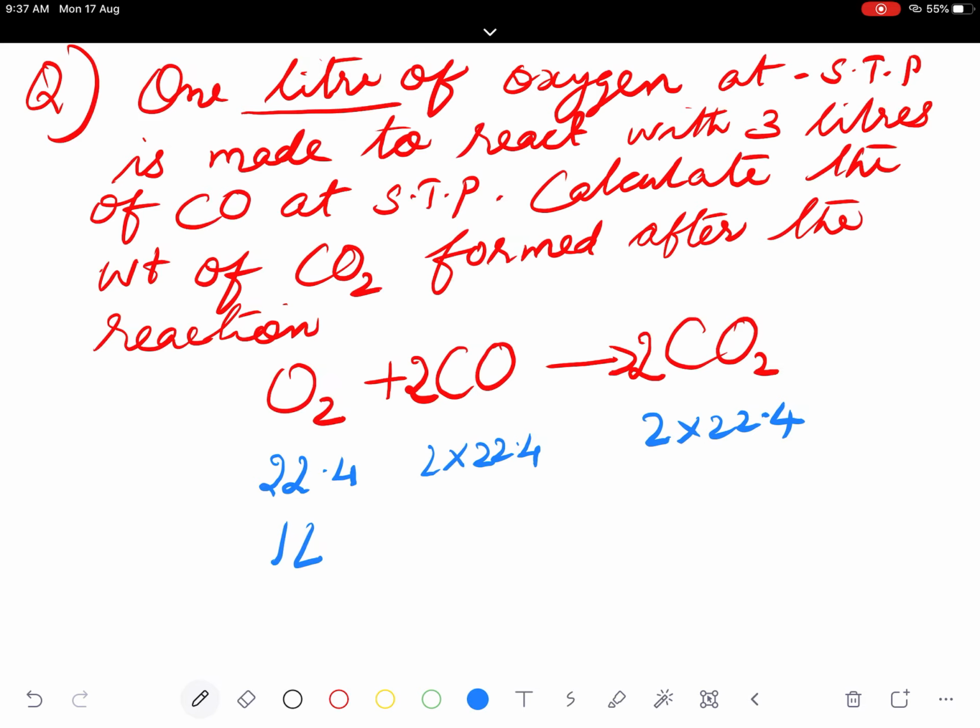1 liter of oxygen at STP is made to react with 3 liters of CO. Calculate the weight of CO2 formed. Now you see, 1 liter and 3 liters they have given. But according to the balanced equation, 1 liter of oxygen can react only with 2 liters of CO. That means what they have given is extra, an extra amount of carbon monoxide.